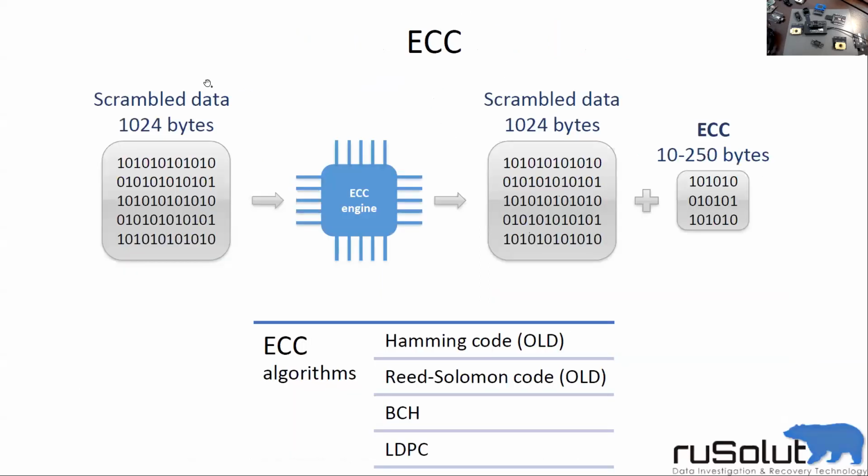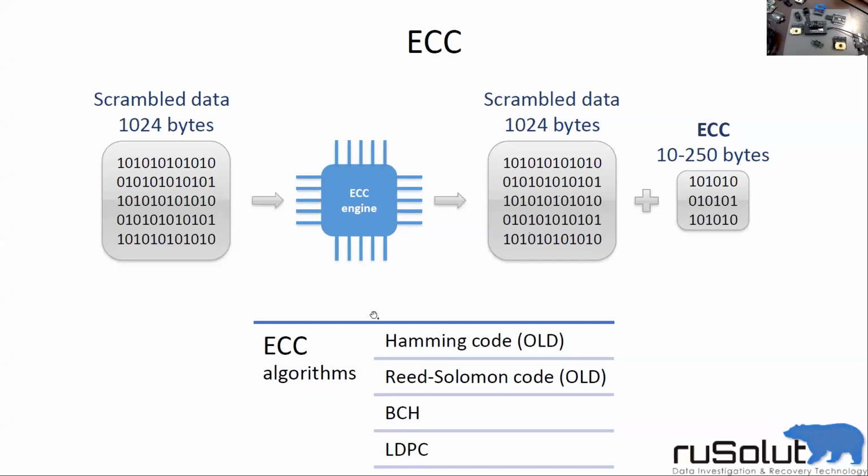The thing is that when the controller writes data to the physical chip, it makes some transformations of data, and it has a portion of data, 1024 bytes, and it has, of course, an ECC engine with some ECC algorithm. It could be Hamming or Reed-Solomon codes, which are outdated already, or BCH code, which is most popular for now, or LDPC code, which is the newest.